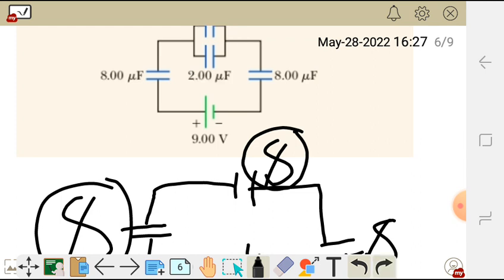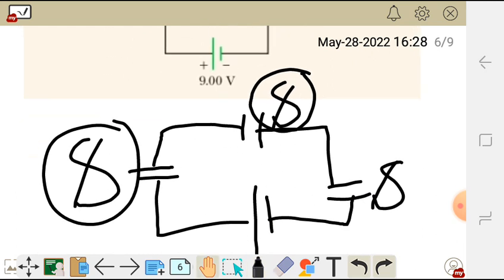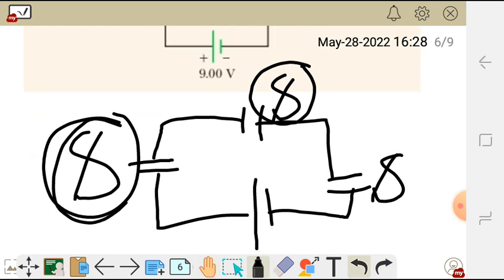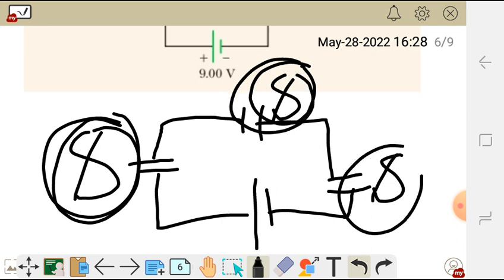So this one will be C2 and C3, and this one here is C1. This is C2 and C3, and this one is C4.